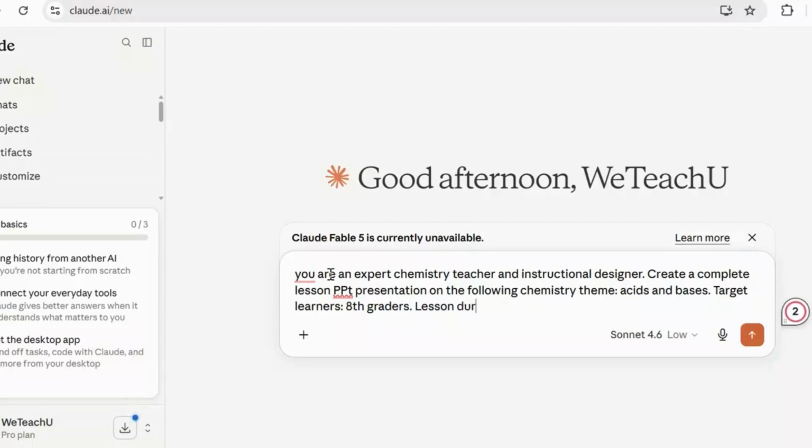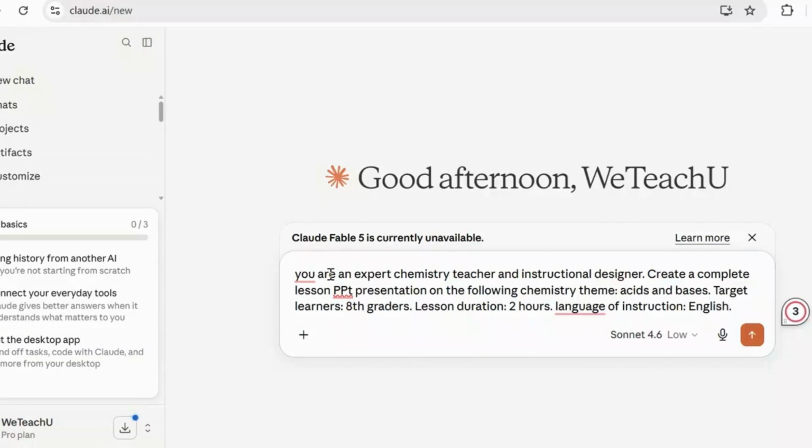So the lesson duration is 2 hours. I'm also being specific about the timing. And I also specify the language of instruction. So if I teach Arabic, then the language of instruction should be clearly specified. I'll be choosing English as the language of instruction.